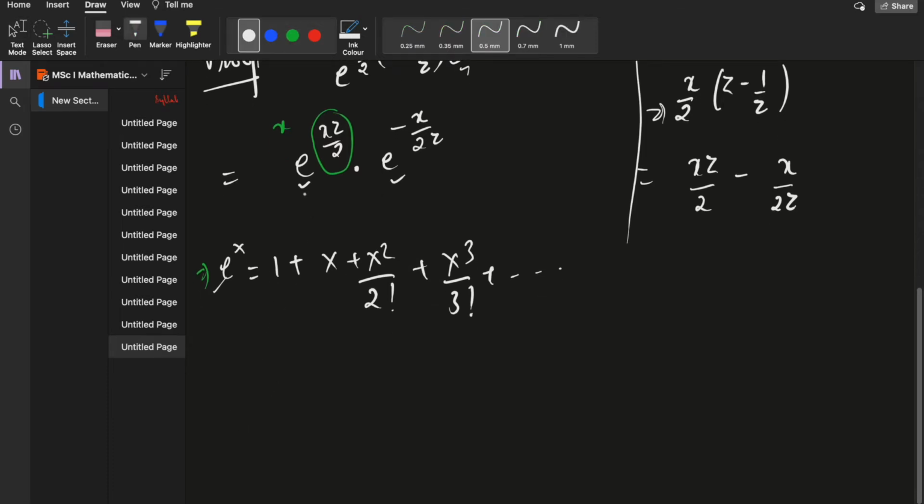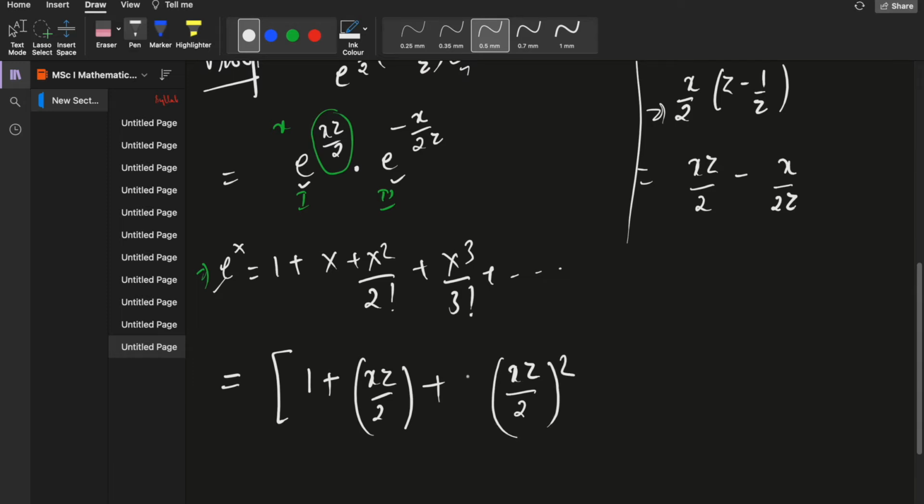So suppose this is the first term and this is the second term. If I expand the first term, this is a multiplication, so I use the square bracket. The first term is 1, our x is xz upon 2, plus x square, that means (xz upon 2) to the power 2 with factorial 2.